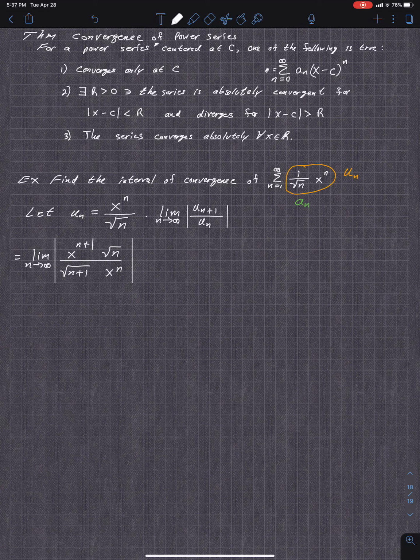Then you simplify all of this, so these will reduce. So it's the limit as n approaches infinity of the absolute value. And there's no way to get rid of the roots, so you have root n over root n plus 1. That's not going to change. But your x is just going to be x.